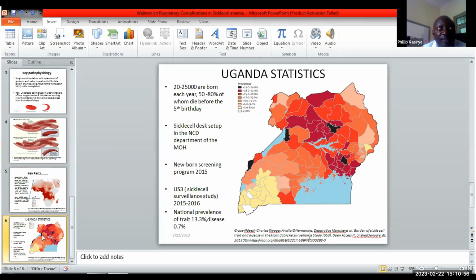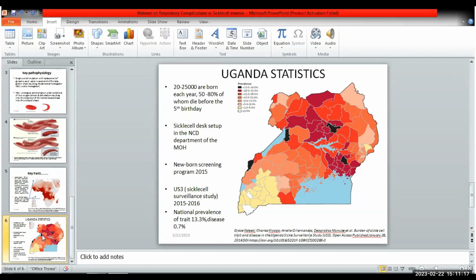The most remarkable was the 2017-2019 Kabaka Birthday Run, whose main theme was focused on increasing awareness of sickle cell. There's still work in progress, and we still have a lot of work to do together.